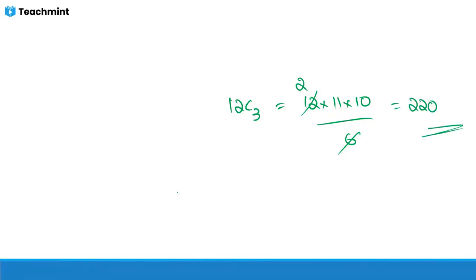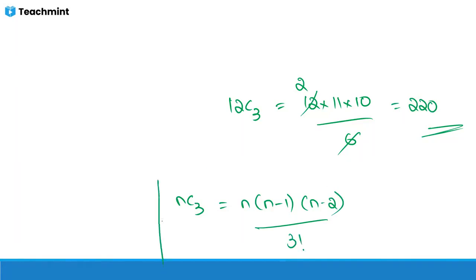Here you calculated, 12C3 is 220. NC3 we discussed in the day one session itself. If some people did not attend the day one session, this is what happens. 12C3 is 220. So let's move further.